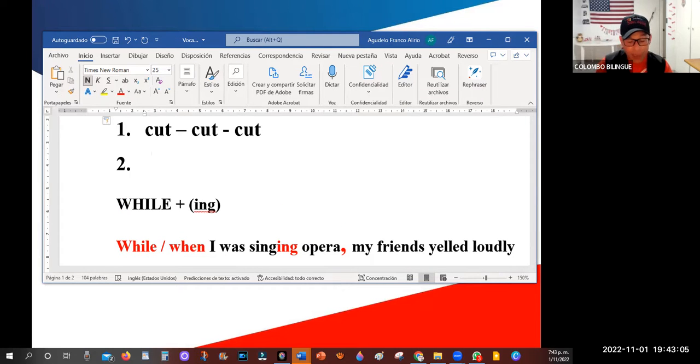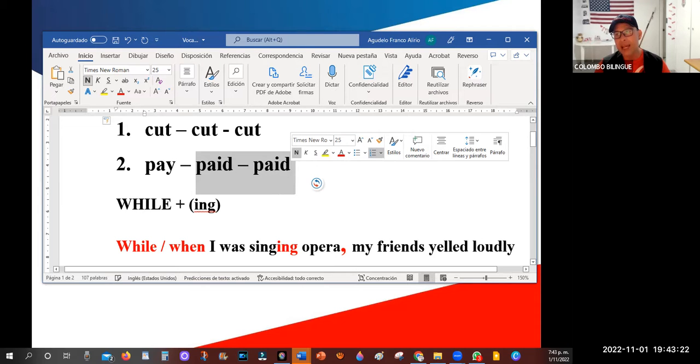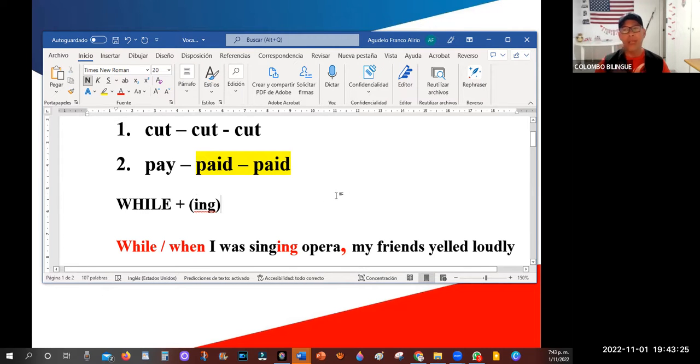All right, another example is the verb pay. Because pay, you know, is when you have to give some money for something. But if you see this verb in the past, it's gonna look like this. You're gonna see that the verb is different this time. You say pay, paid. Pay is the present verb in infinitive form, you know?